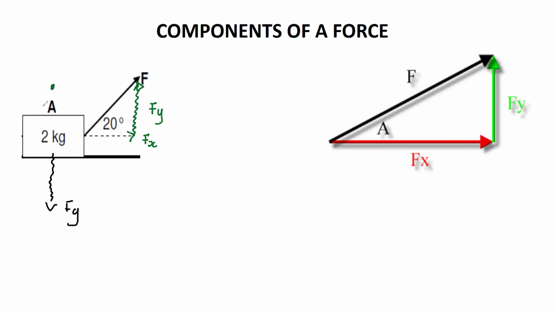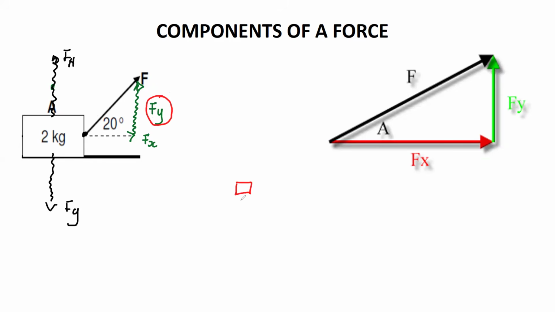It's a force due to gravity. There is another force acting upward. That is your normal force. But because this F is acting at an angle, it gave birth to Fy, which is acting upward, just like the normal force.